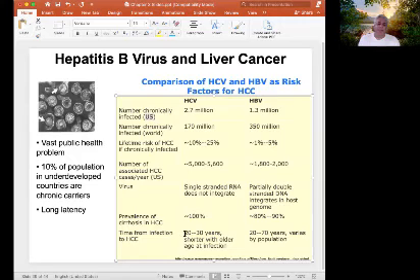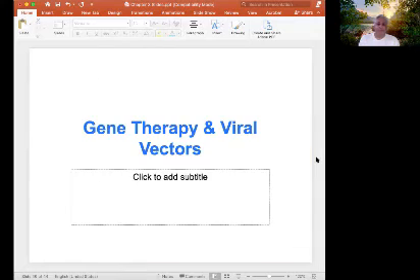The time it takes to develop the cancer can be from 20 to 30 years in the case of C, and between 20 and 70 years in the case of B. But that also depends on your lifestyle, right? People that consume more alcohol will have a quicker transformation into the progressive disease.